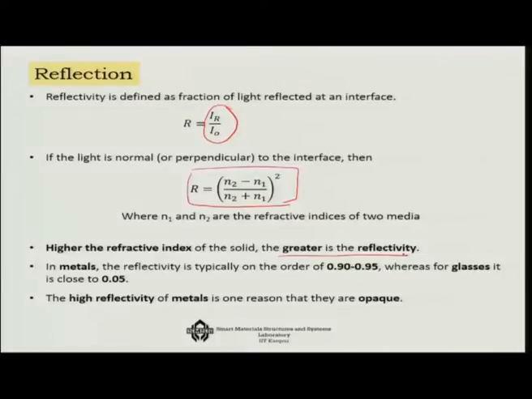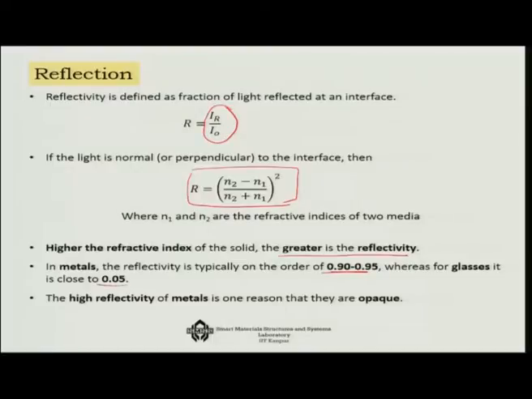The higher the refractive index of the solid, the greater is the reflectivity of the medium. So, in comparison between two materials, if the refractive index is higher, then R is going to be more for that material. Now, in metals, the reflectivity is typically, as I told you, of the order of 0.90 to 0.95, whereas it is just the reverse for the glass.